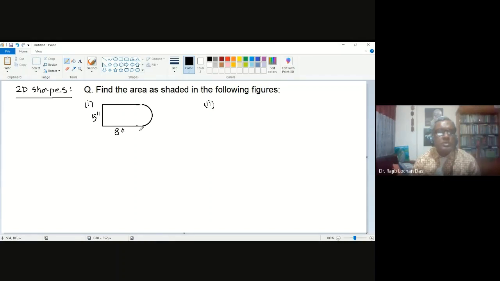There is a circular part on the right side, and the question is to find the shaded part. That means the full part is shaded here, so you will find the area of the shaded part.